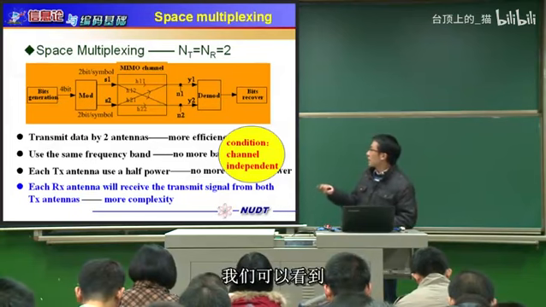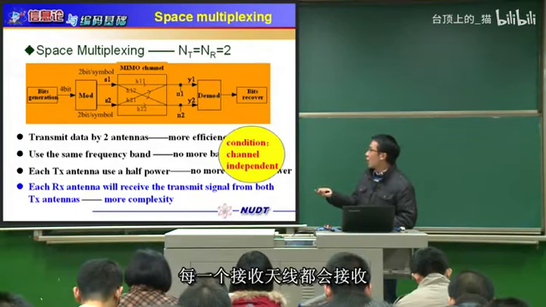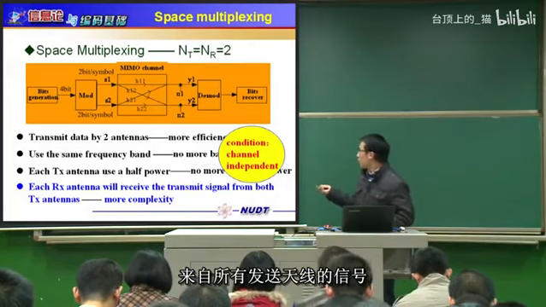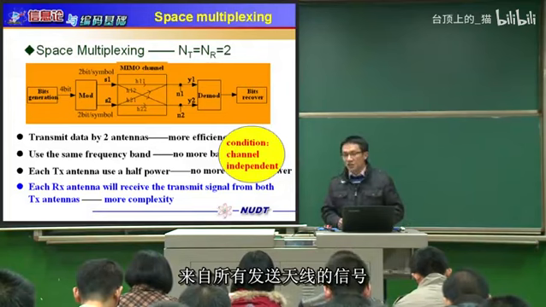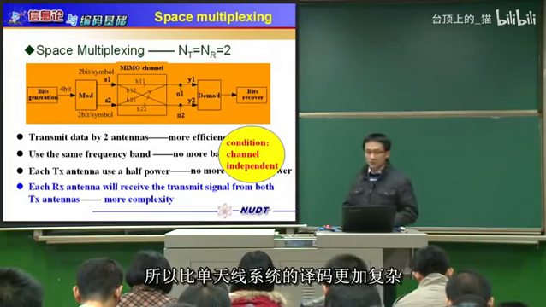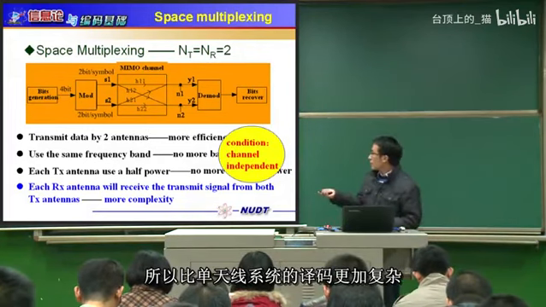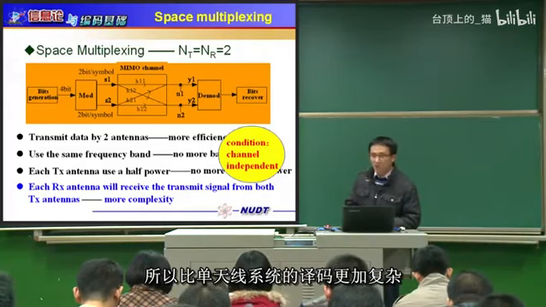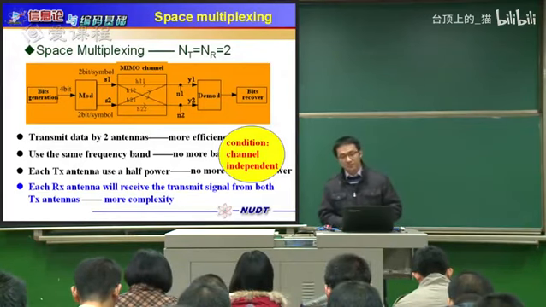We can see each receive antenna will receive the transmit signal from both transmit antennas. Okay, so the decoding complexity is more than that of the single antenna system.